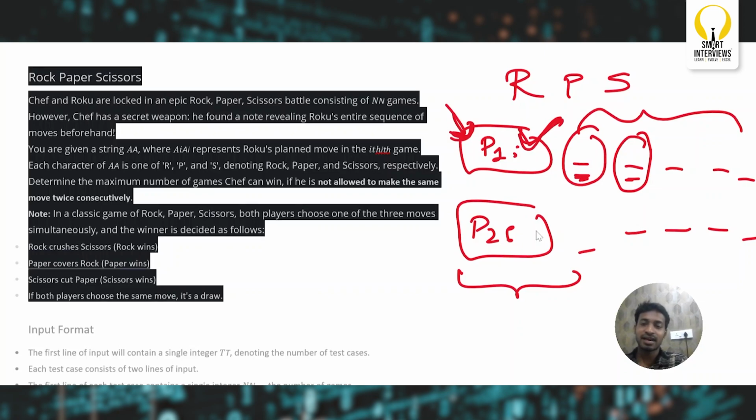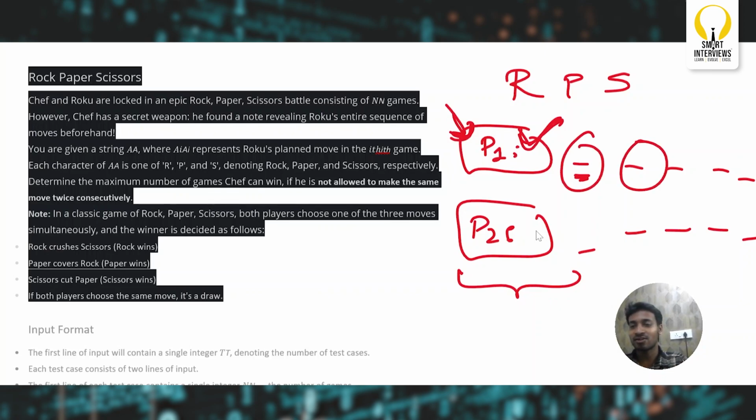And the condition that they have given in here is, obviously, if there is no condition, you can make player 1 win at each and every position if you know what he is making as a move at this position. The condition is that in no two adjacent positions, or no two consecutive games, should player 1 make the same move.